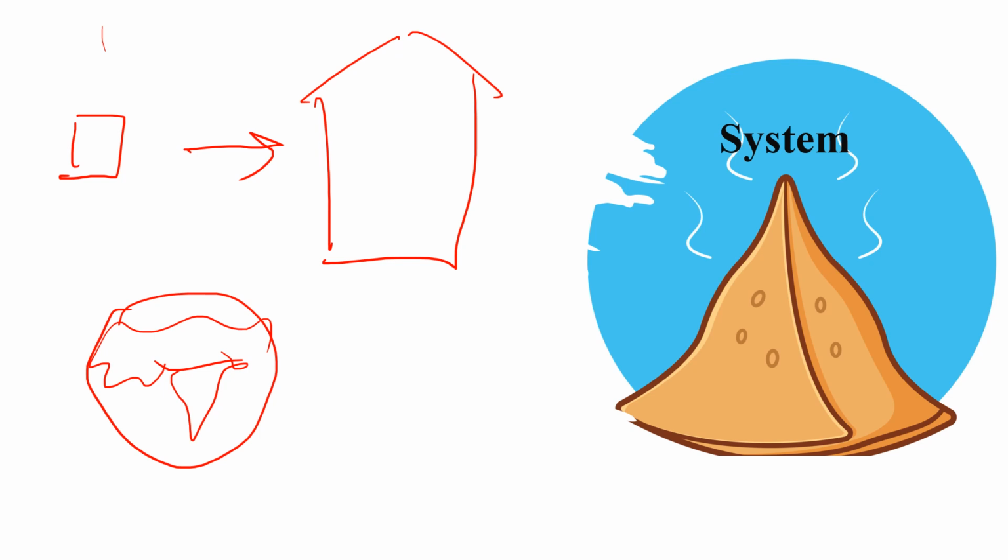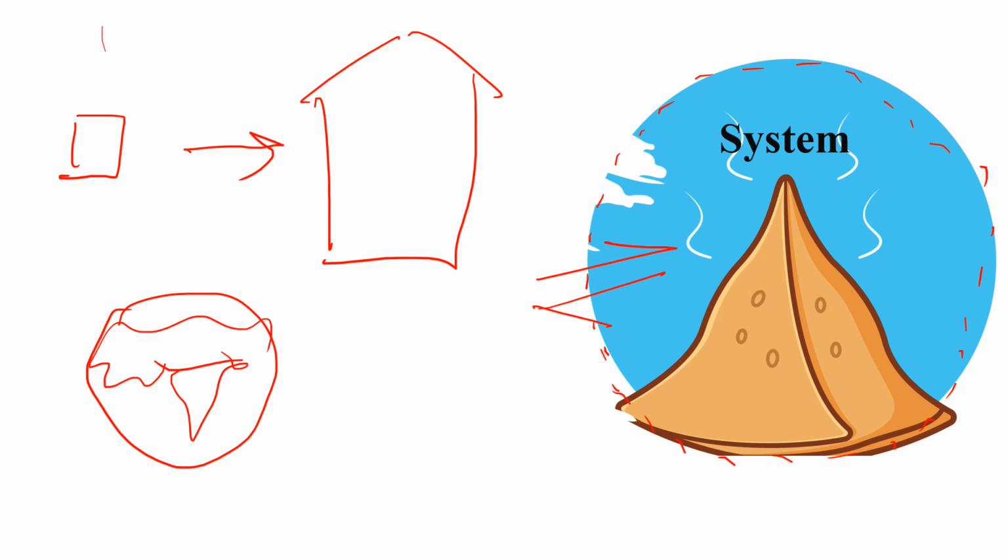system. For example, I have prepared a samosa, which is a fried product, and I want to study its energy interactions with its surroundings. Right. So here the system is samosa, or the area which I want to study.